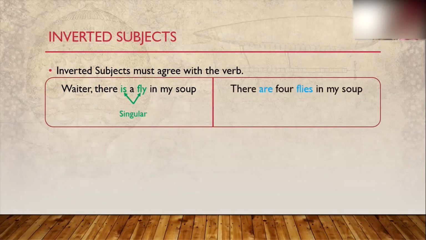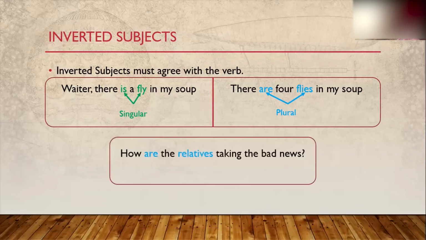So we use a singular verb because the subject used here is singular. Further moving on to the next example, there are four flies in my soup. In this example, are and flies both are plural. So we use the plural verb because the subject used here is plural.